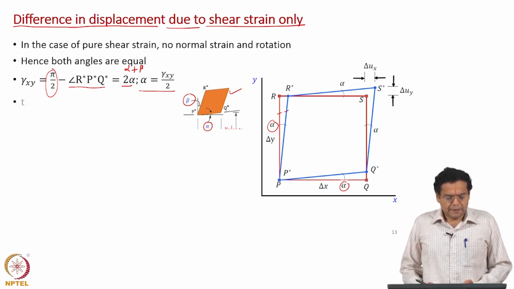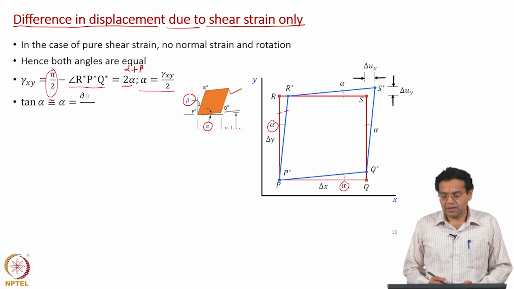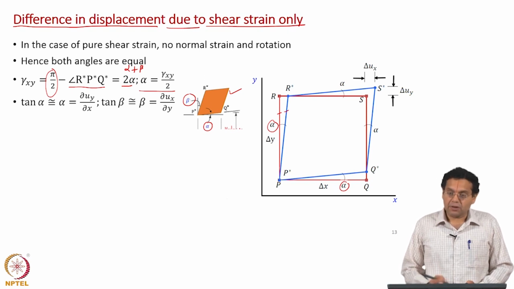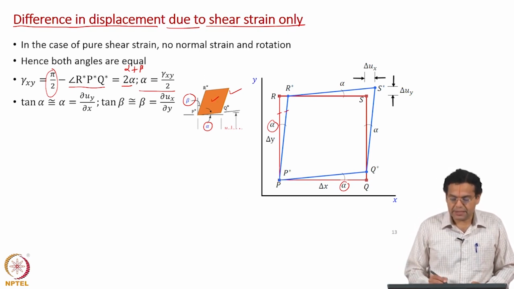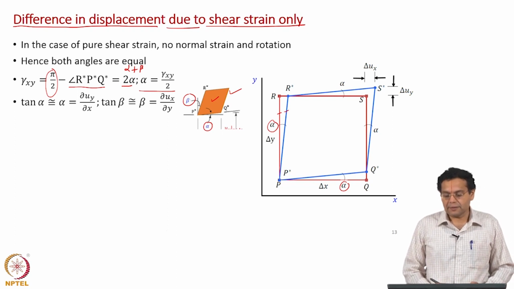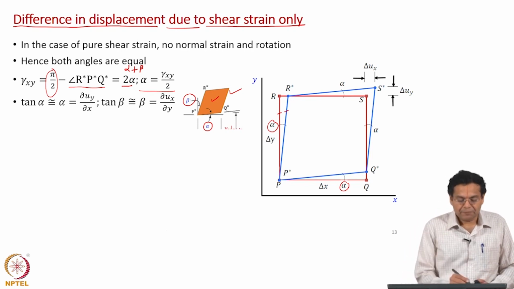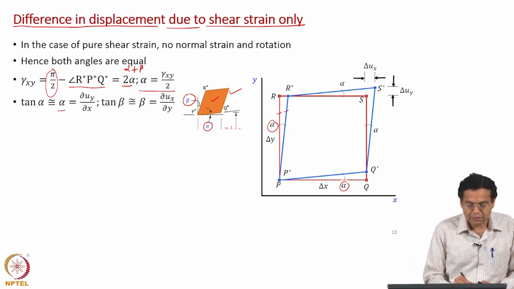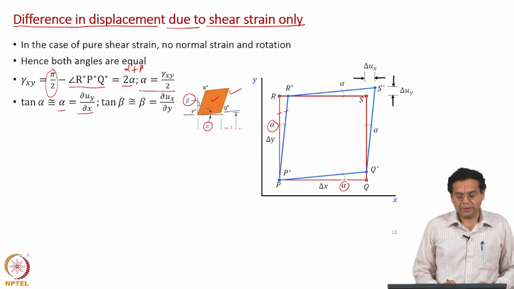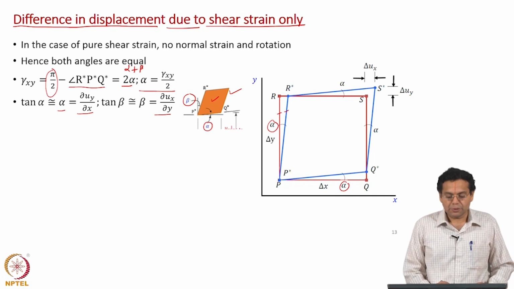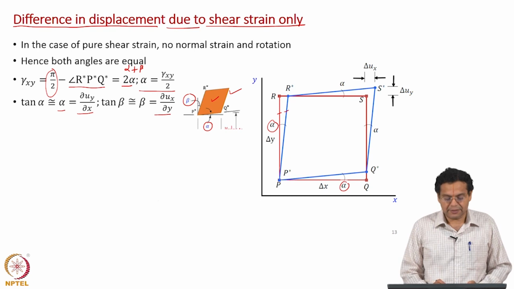Now tan alpha, of course alpha is very small, we are working in that limit, tan alpha is equal to alpha. We already derived, while discussing the case where we relate strains to displacement gradient, that alpha is equal to dou uy by dou x and beta is equal to dou ux by dou y. You can refer to those slides for this derivation.